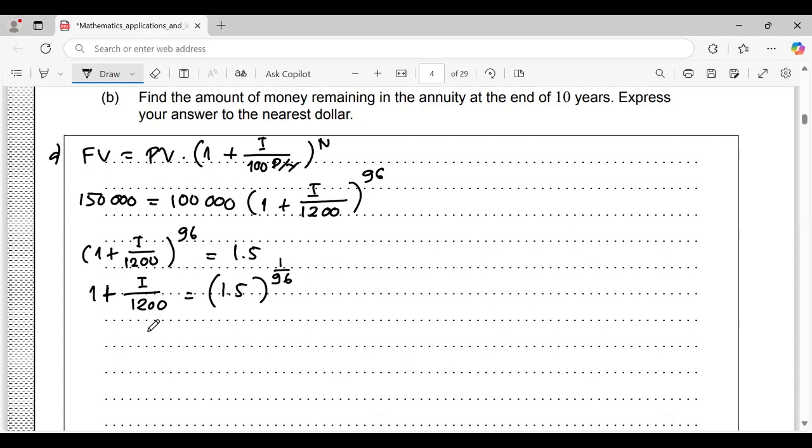And after that, I over 1,200 equals 1.5 to the power 1 over 96 minus 1, which is 1.00422325 minus 1, because this one moves here.